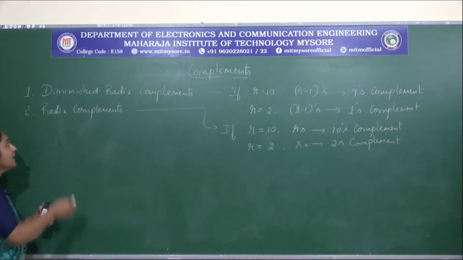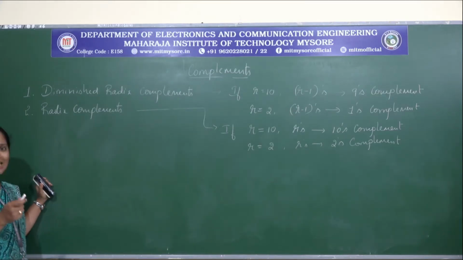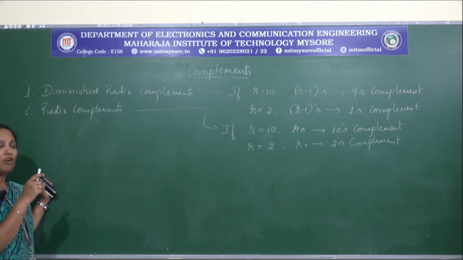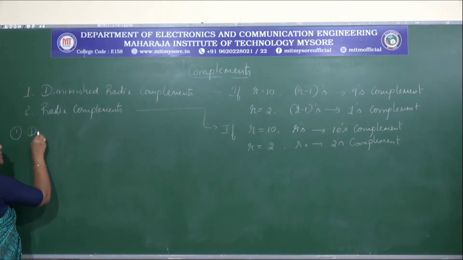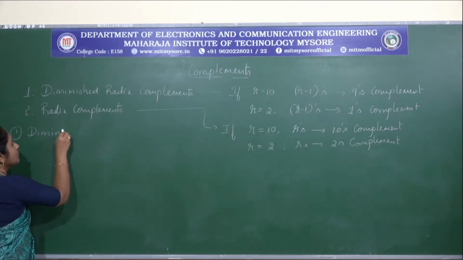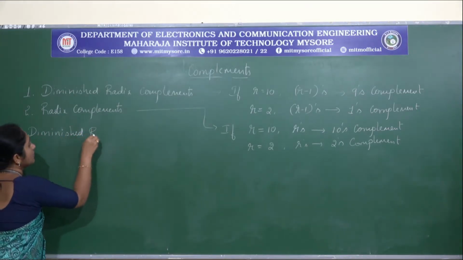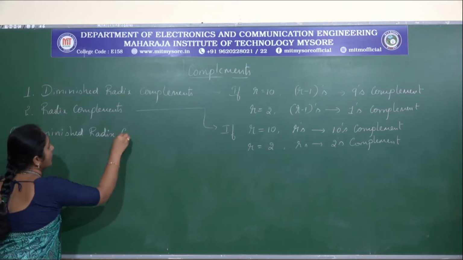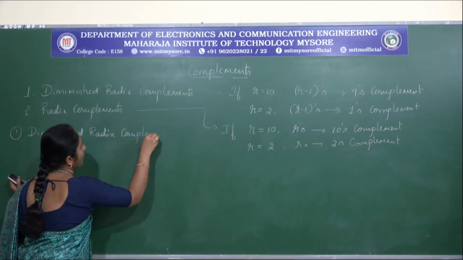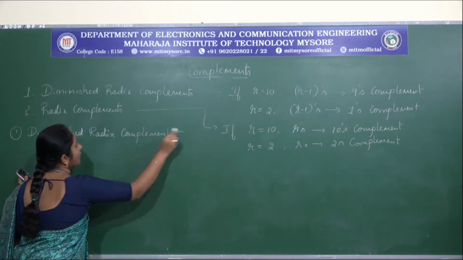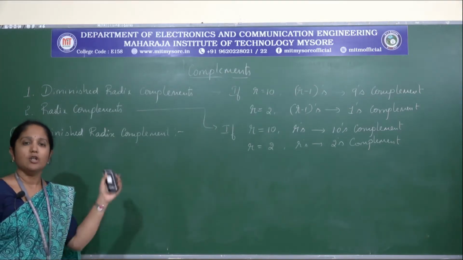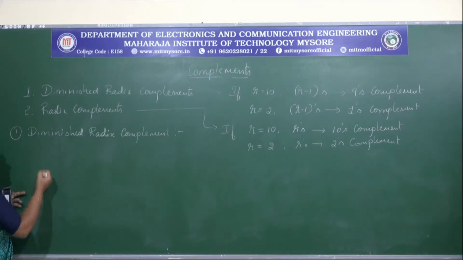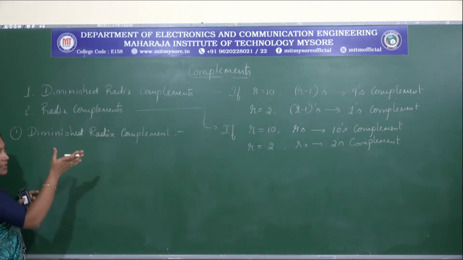Now let me consider the diminished Radix complement, which for decimal is 9's and for binary is 1's complement. We have a formula here to obtain 9's complement and 1's complement.